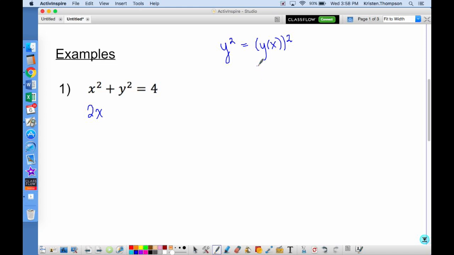So if I were to take the derivative of the outside using the chain rule, it's 2 times x, but evaluated at its inside, which in this case would be y of x, times the derivative, y prime of x. This explains why the derivative is 2y times y prime.